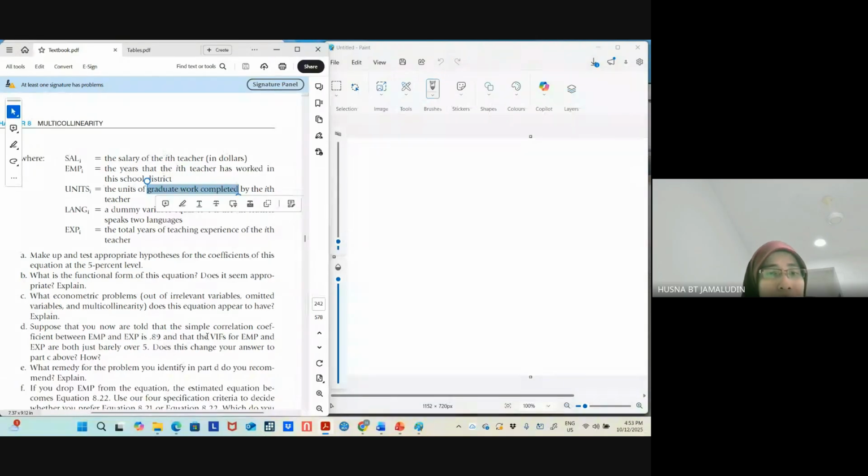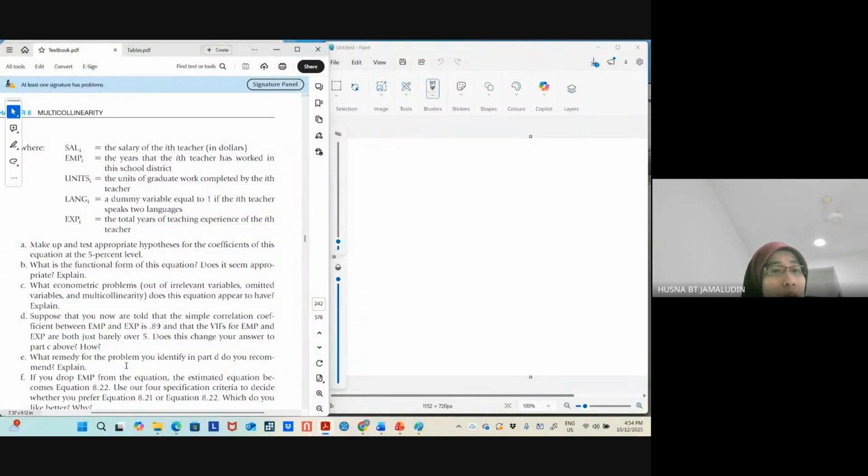How about VIF? VIF just barely over 5. As long as your VIF is more than 4, you have a multi-co issue. You can see that they are related. So does this change your answer to part C? Just now you mentioned you have multi-co. No, it doesn't change. It shows that you really have a multi-co problem.